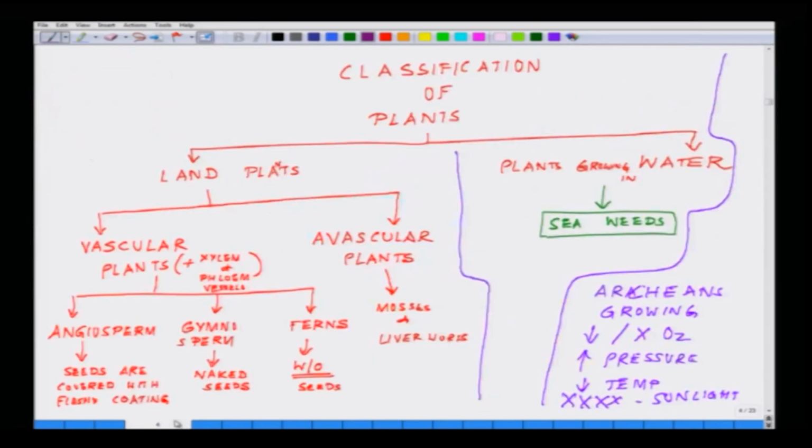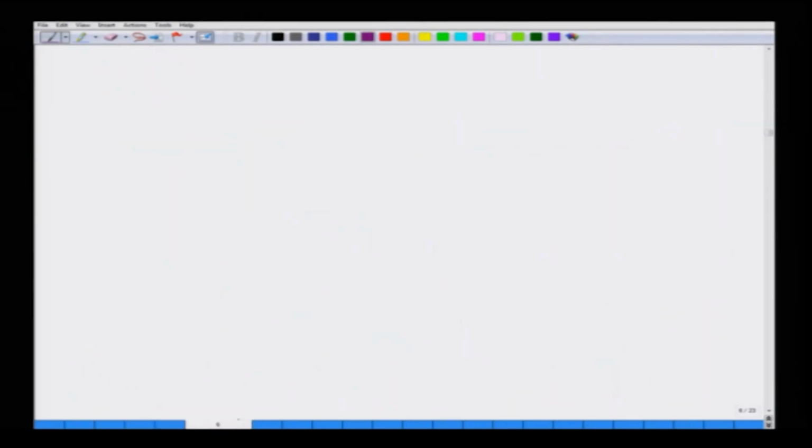So coming back to the anatomy of the plants. Of course, here we are only talking about mostly the classic angiospermic plant which has seeds and everything. Okay? If you look at a plant structure, it's almost like this.